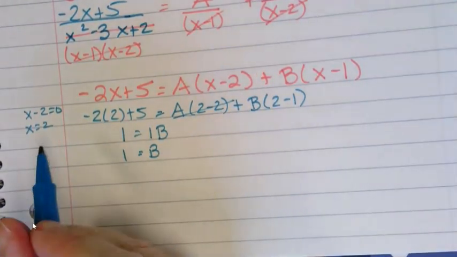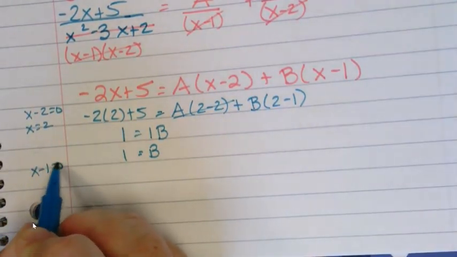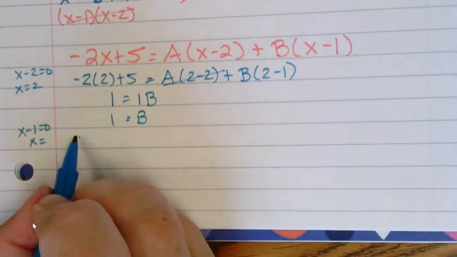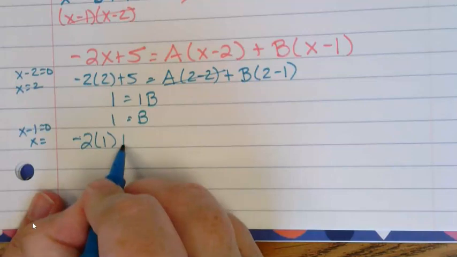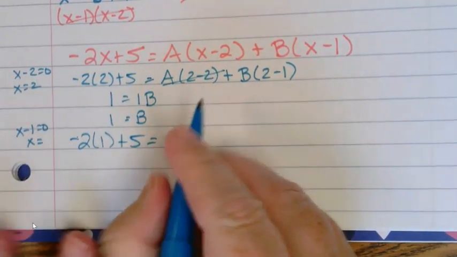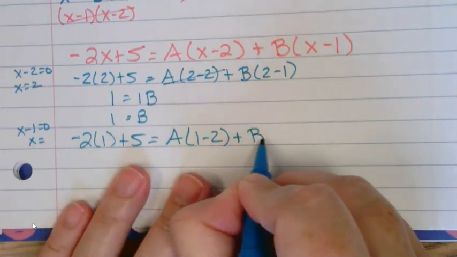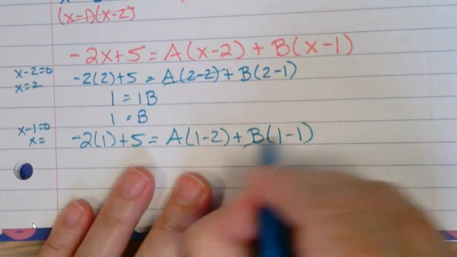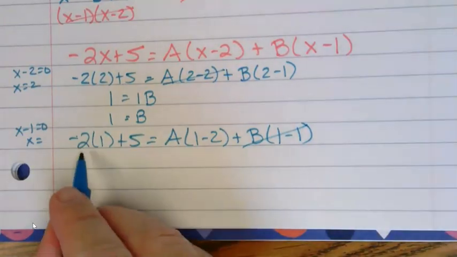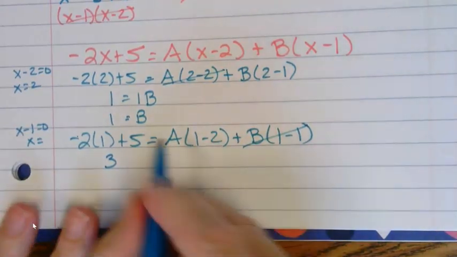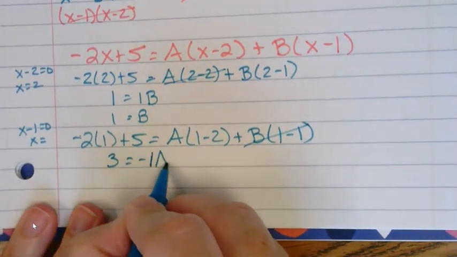Do the same thing for x minus 1. So x equals 1. Plug it in. Negative 2 times 1 plus 5 equals a times 1 minus 2 plus b of 1 minus 1. Those cancel. So negative 2 plus 5 is 3, doing the math in my head, equals negative 1 a.